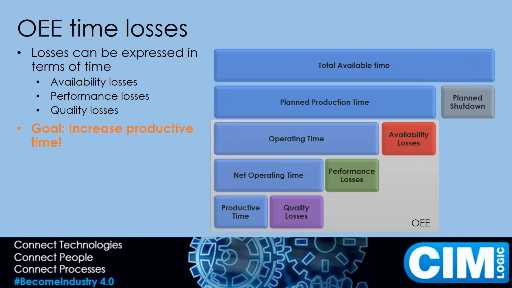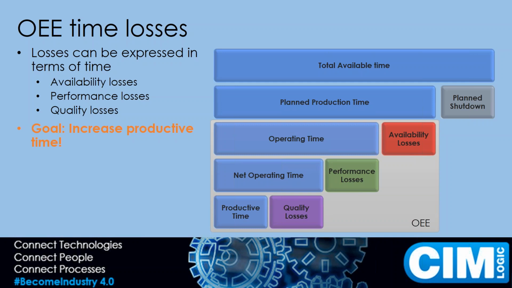So if we look at the whole available time on a production line, some of the time won't be planned, so it's a planned shutdown, non-scheduled time, and that time won't be considered for the OEE calculation. We will only start from the planned production time. And on that production time we might have losses due to availability, losses due to performance, and losses due to quality.